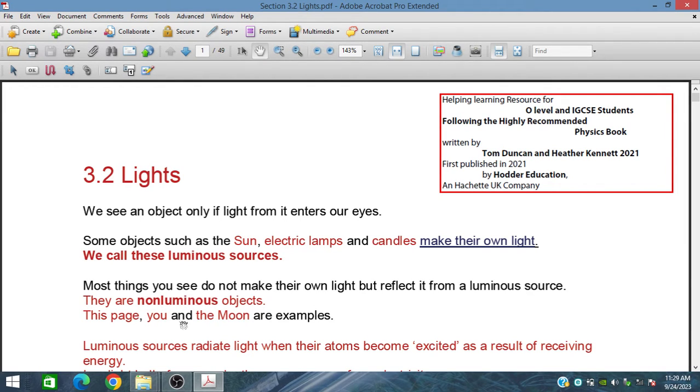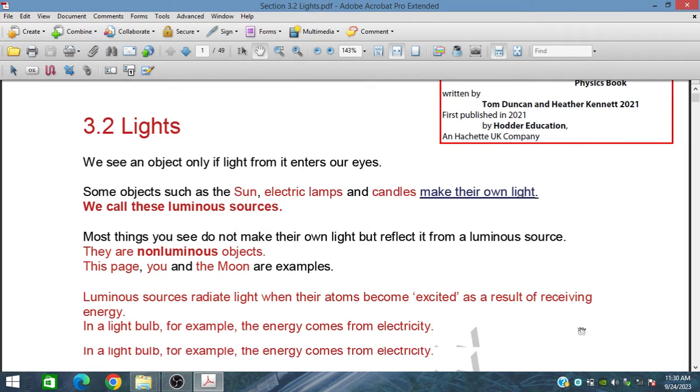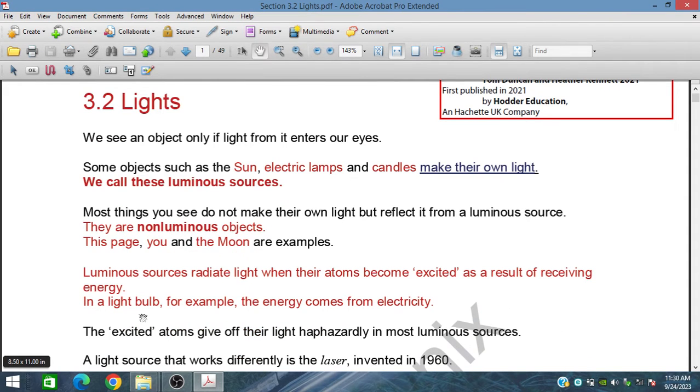So it shines because of sunlight. Luminous sources radiate light when their atoms become excited as a result of receiving energy. In a light bulb, for example, the energy comes from electricity.